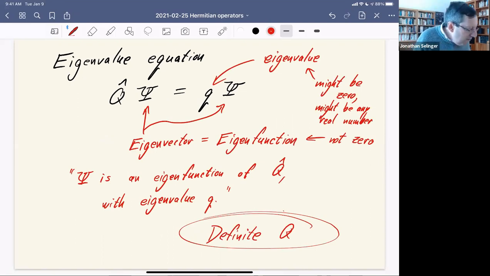So a word for this, a state with no uncertainty, is called a determinate state. So a state with a definite Q. It turns out we've seen a couple examples of determinate states before, but now it's a general concept in this Hilbert space notation.